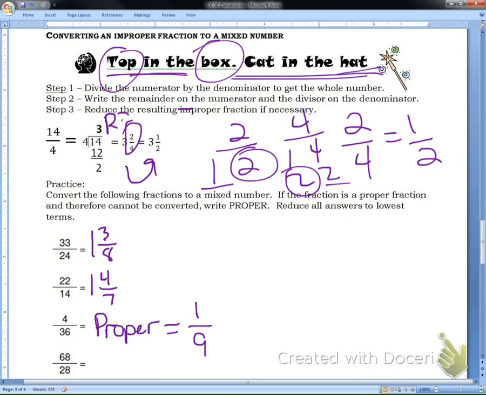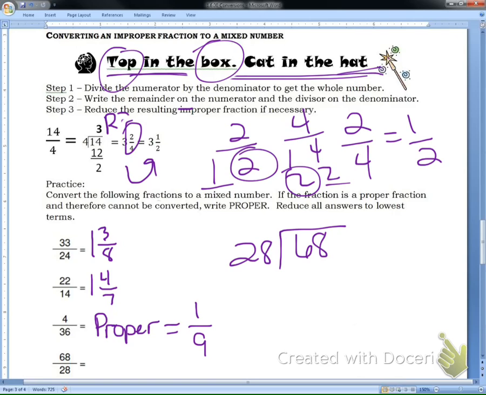68 over 28, well, it's top-heavy, or it's improper is the actual word we need to use. It's an improper fraction, so we put the top in the box. You divide by 28. Well, how many times can 28 go into 68?